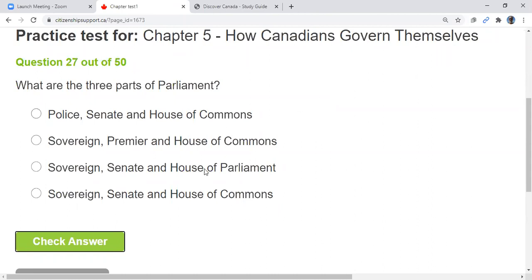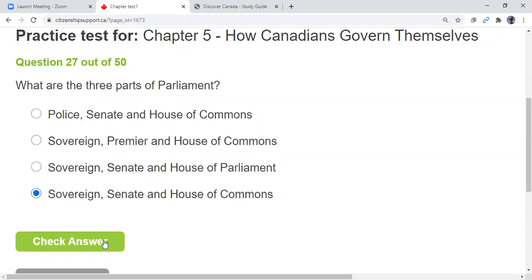What do you think? Do you remember where the MPs are? Should I say House of Parliament or House of Commons? Which one do you think? House of Commons is number 4, yes, because House of Parliament, you don't have over there, it's House of Commons.